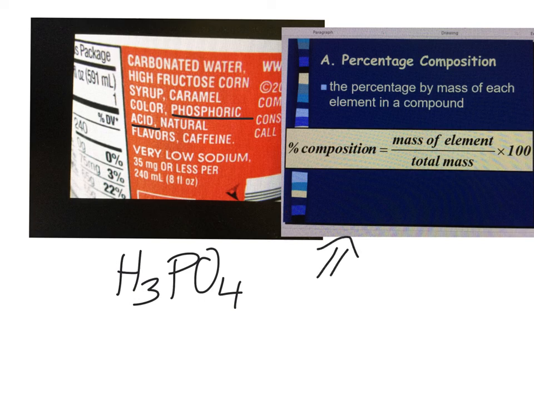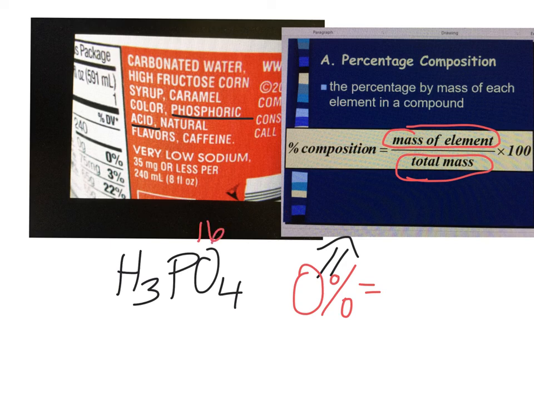To find the percent composition, you're going to take the total mass of that element, and that's what's going to go on top. And you're going to divide by the total mass of the whole formula. What do I mean by the mass of the element? Well, we're going to do oxygen, and we want the percent of oxygen. Oxygen weighs 16, but you have 4 of them. So 16 times 4 is 64.